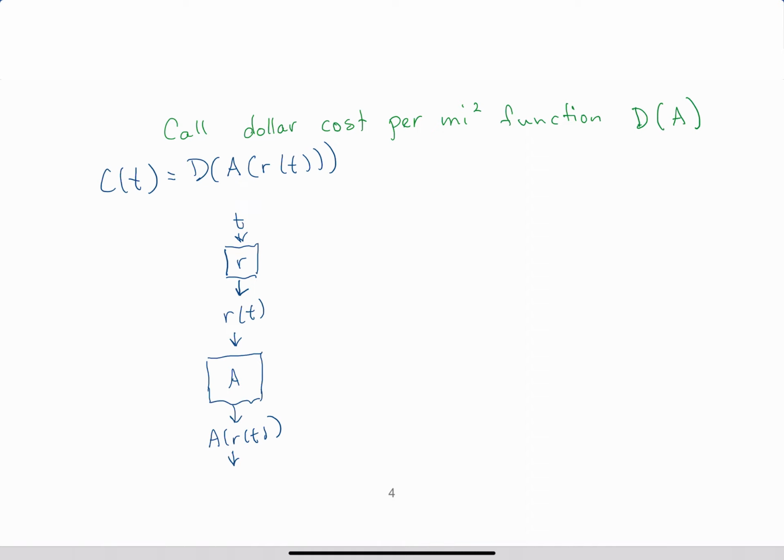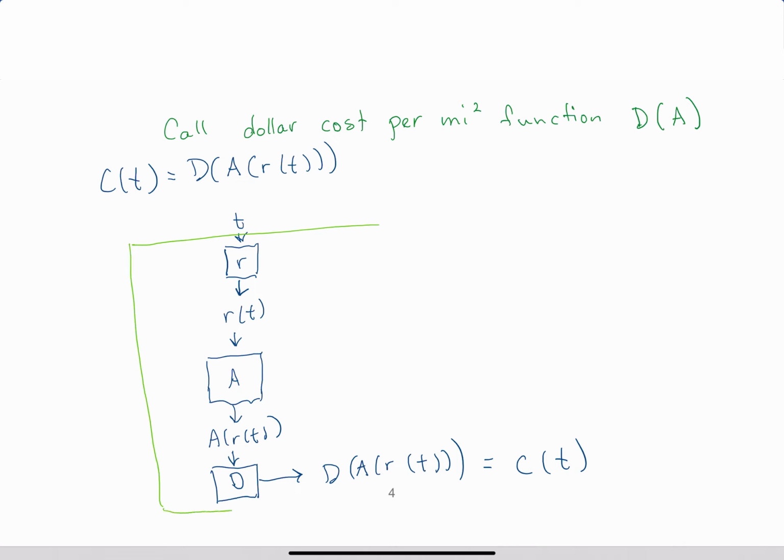Sorry, not dollars per day, dollars per square mile. I'm running out of room here. So we feed the area into the dollar cost function. Out comes D of A of R of t. And that's what we called cost after t days. So this is a three-part composite function.